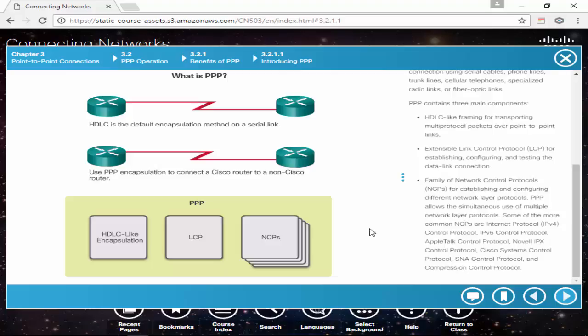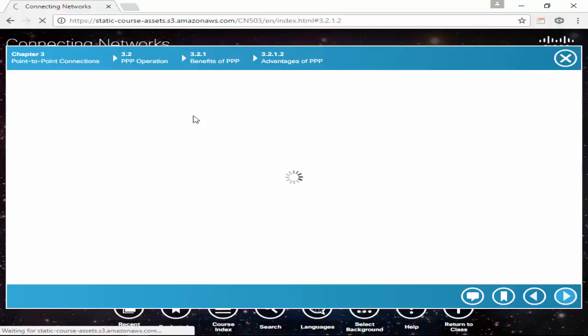And then it has NCP for establishing and configuring different network layer protocols. PPP allows the simultaneous use of multiple network layer protocols. Some of the more common NCP protocols are IP version 4 and IP version 6 control protocols, AppleTalk, Novell, Cisco Systems Control Protocol, SNA, and it actually passes Cisco Discovery Protocol over it too.